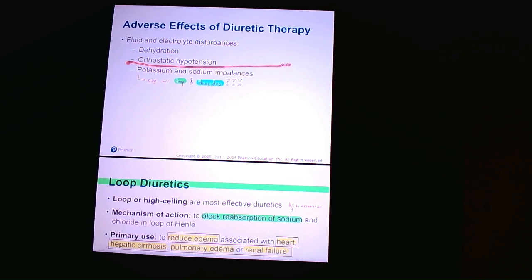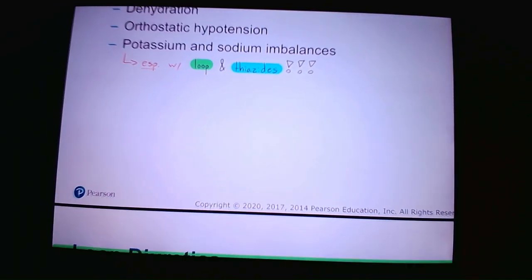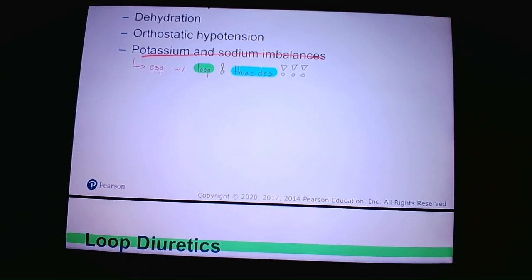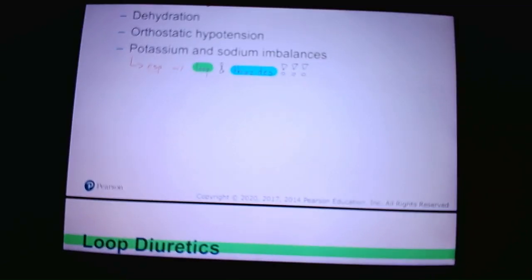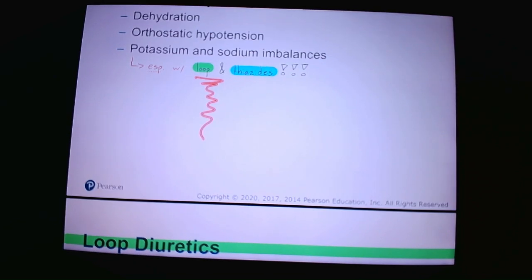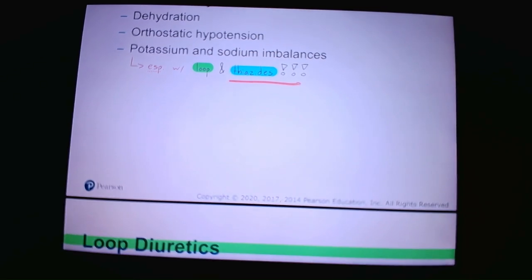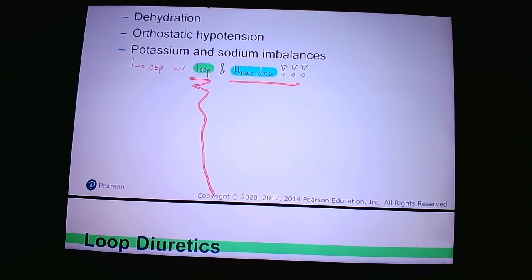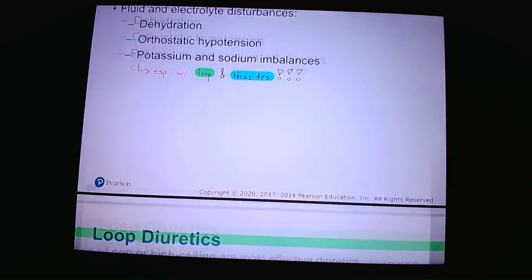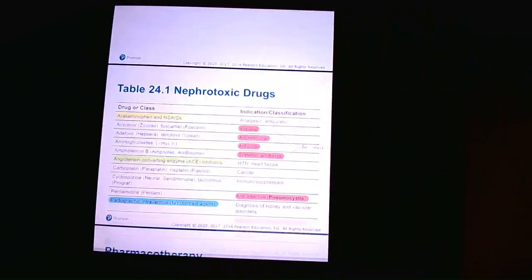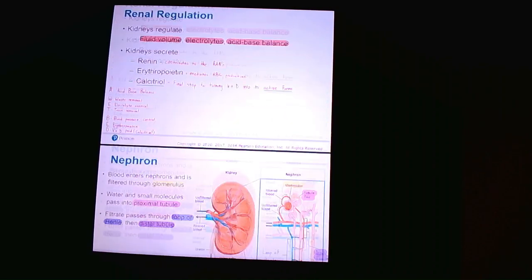orthostatic hypotension because you just lost a lot of fluid, so your blood pressure goes down as well, and potassium and sodium imbalances. The biggest ones to watch out for those imbalances are loop and thiazide, but the most important one is loop because you make so much urine and you lose so much potassium with loop. You can with thiazides as well, but not as much, because loop will work earlier, like how we talked about, all the way up here in these pictures, right?